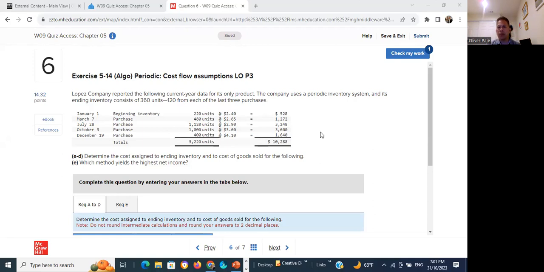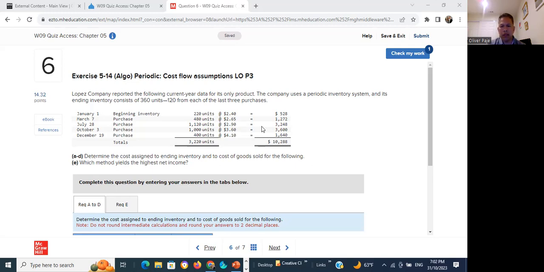The company uses a periodic inventory system, and its ending inventory consists of 360 units, 120 from each of the last 3 purchases. That means July, October, and December. So we will be using mostly these last 3 purchases.